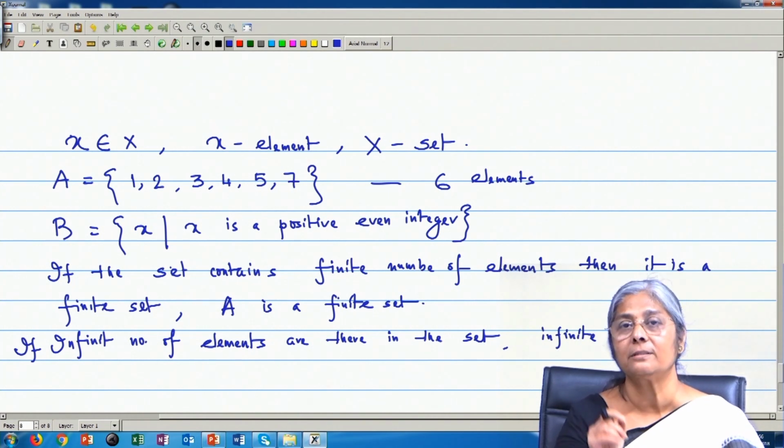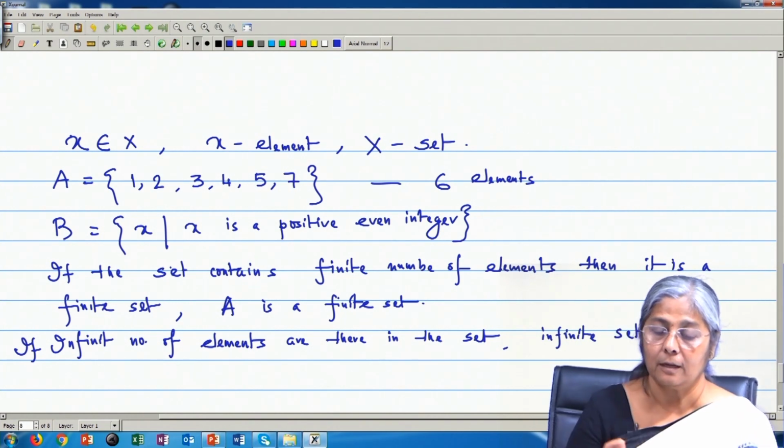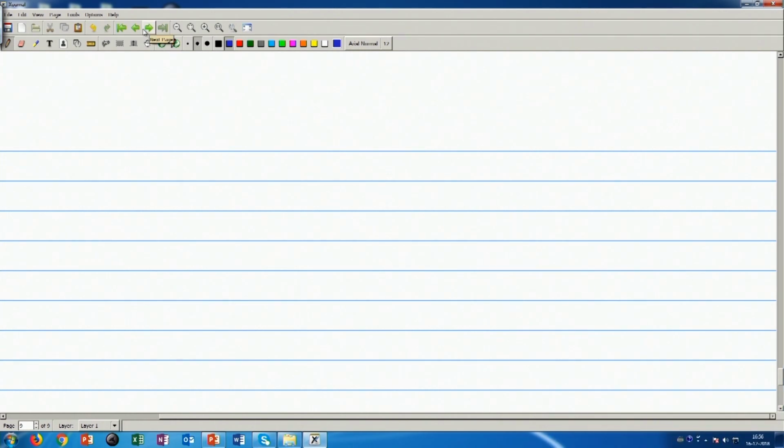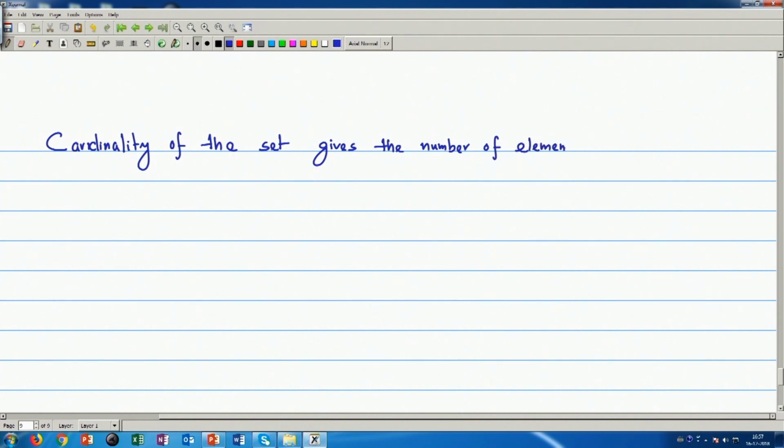So, the number of elements is an important thing in the set, and we define that as the cardinality of the set. So, the cardinality of the set gives the number of elements in the set.